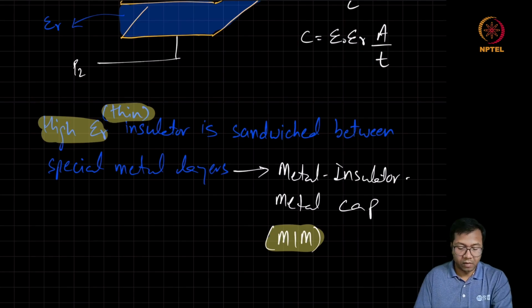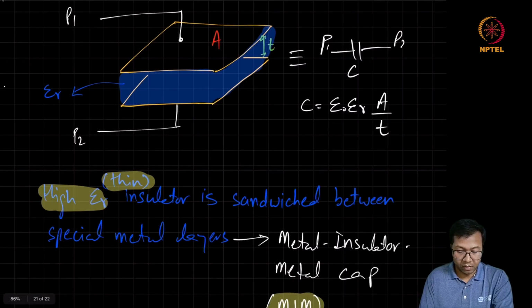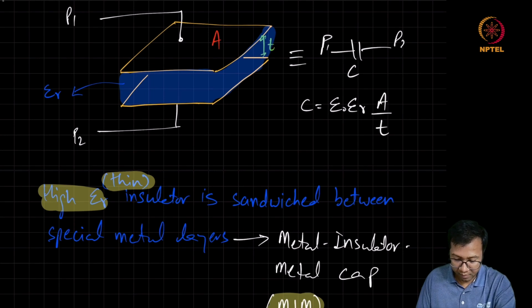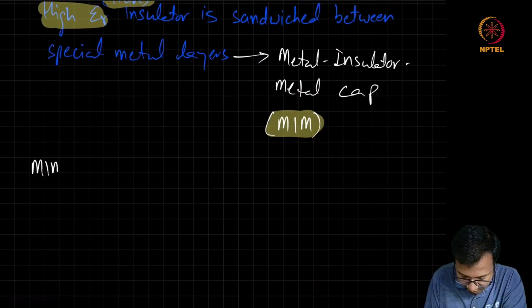The MIM caps are not available in all processes, but whenever it is available, it has this property that you can just use two special metal layers and get a good amount of cap density. Let us talk about the properties of this MIM cap.